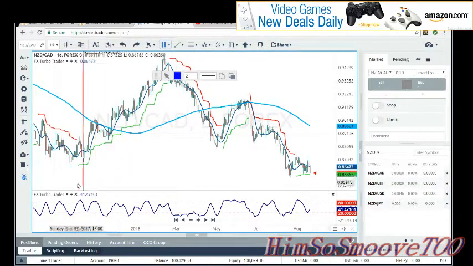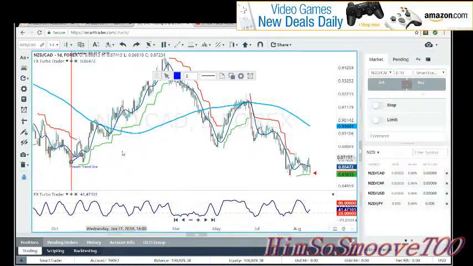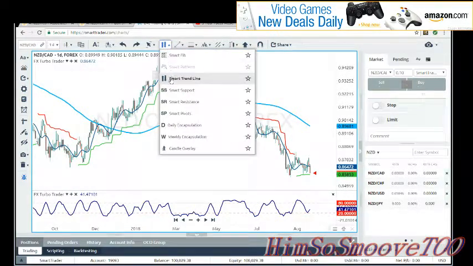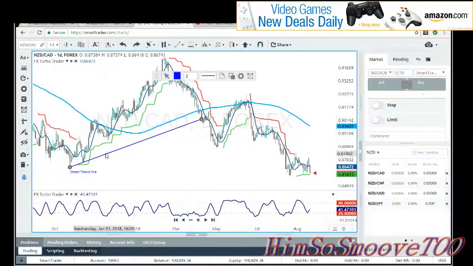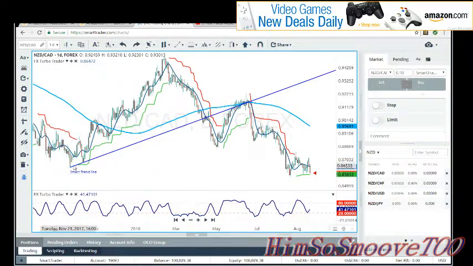All right, bring up the trend line. Oh, that's not it, went to the wrong one. Smart trend line. All right, there. So we've got a trend line break.